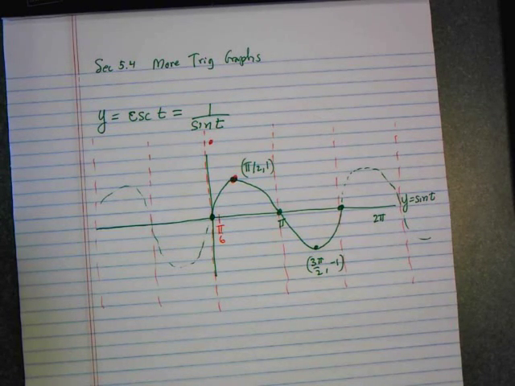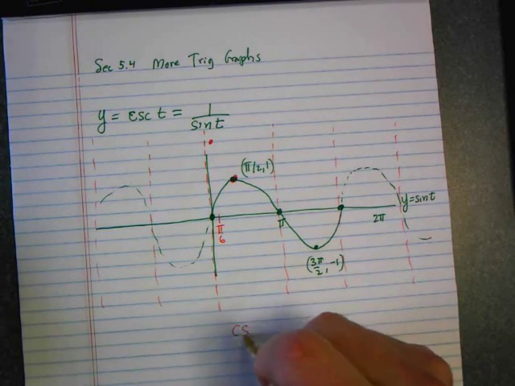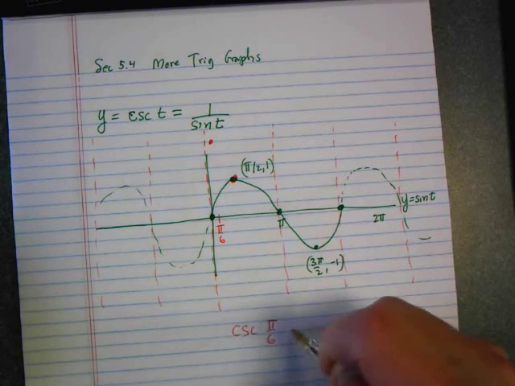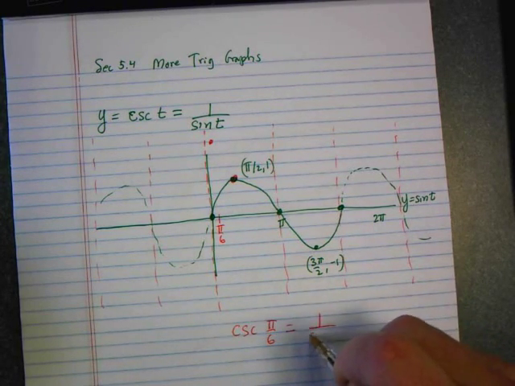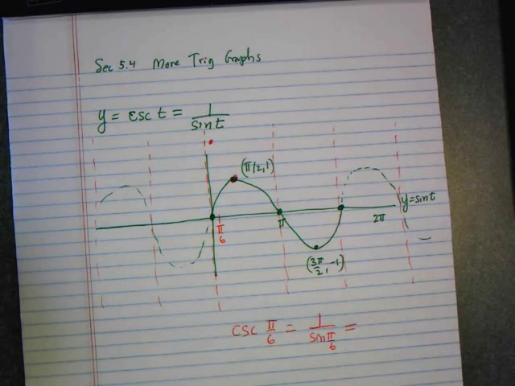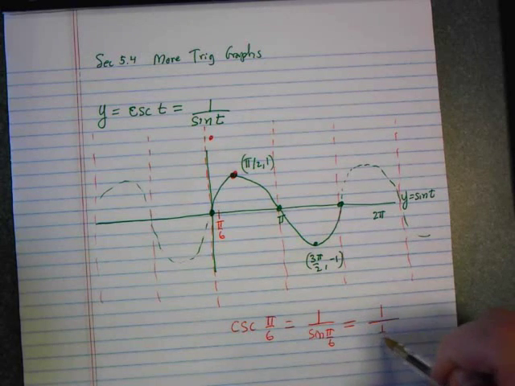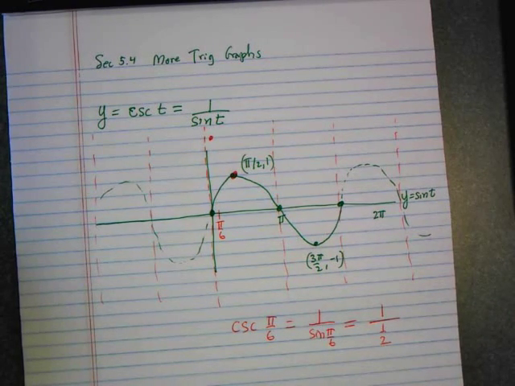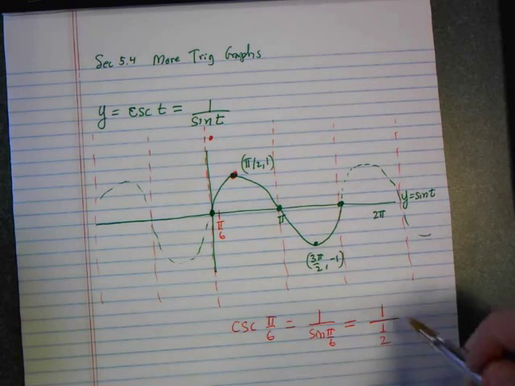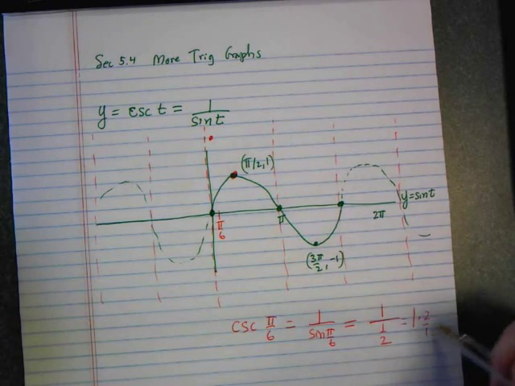How did I get to that 2? Cosecant of pi over 6 is 1 over sine of pi over 6. And sine of pi over 6, that's one of those facts that we've memorized. That's 1 over 1/2. How do I take 1 and divide it by a half? I flip and multiply. So that's 1 times 2 over 1, which is 2.